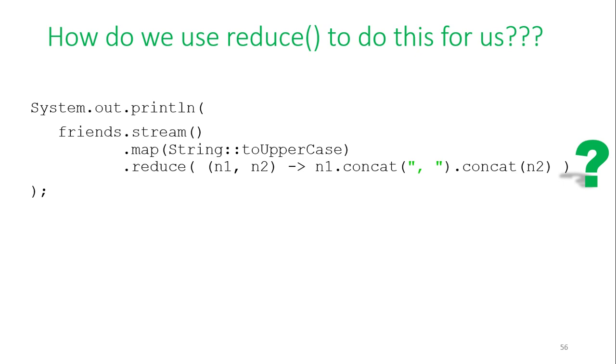And once I have that resulting string, then I want to concatenate at the end of that resulting string whatever string is n2. So the second name in my stream of friends. And then I keep doing that. So the result of this is going to become n1 for the next call to reduce. And then n2 is going to be the third name in the stream. And I'm going to just put the third name after the string representing the first two names in my stream, and separate all of those by comma always, and keep going.